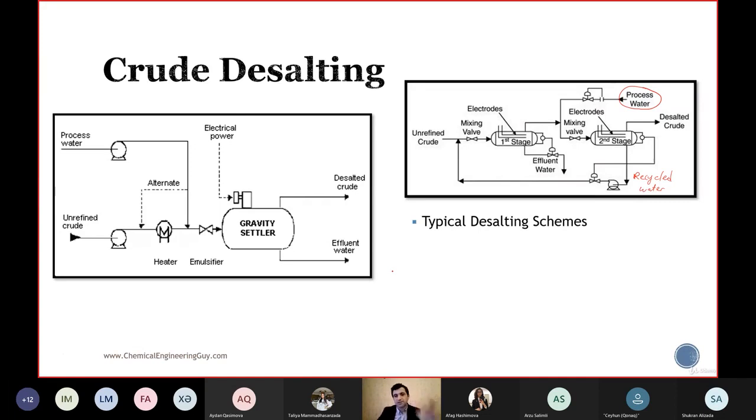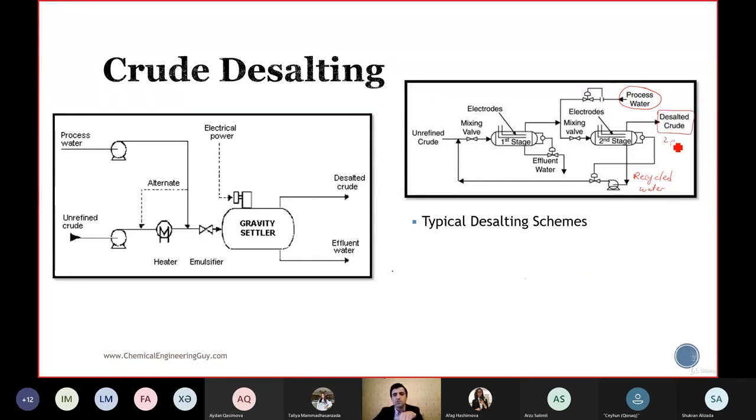Another point is that I am interested in this desalted crude. This is my spec, let's say 2 ppb. That's why the product from the second stage is much more important for me.